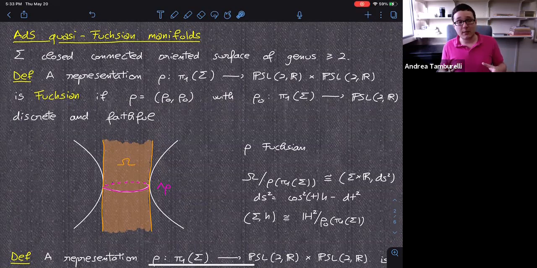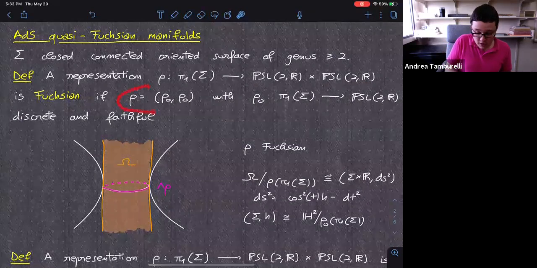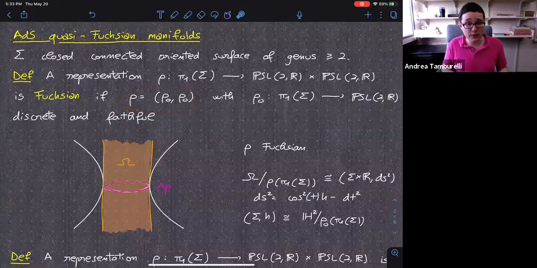So the basic example is again given by Fuchsian representations, which in this case are representations of the fundamental group of sigma inside PSL2R cross PSL2R that are actually contained in the diagonal. So you can write rho as (rho 0, rho 0), where rho 0 is just a representation from pi 1 of sigma into PSL2R that is discrete and faithful.